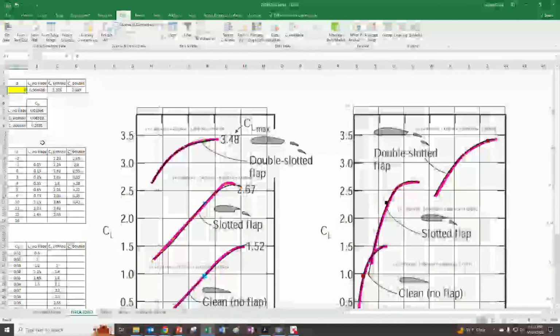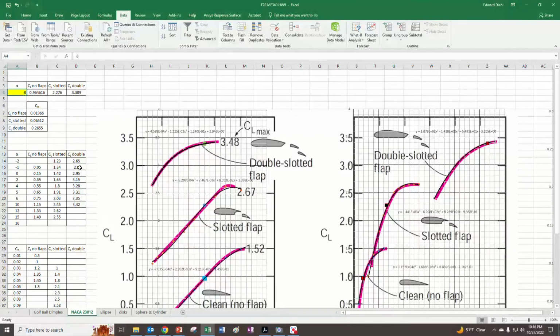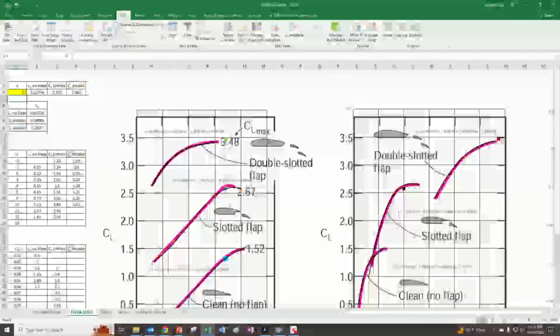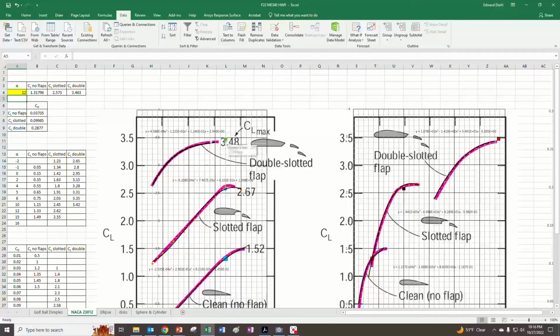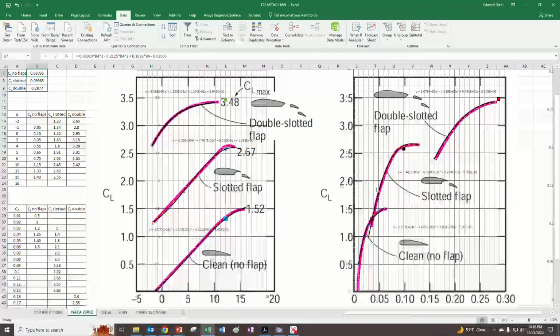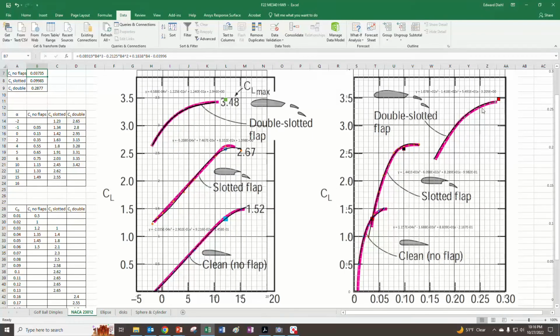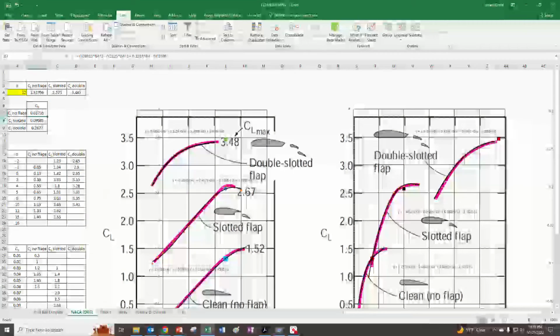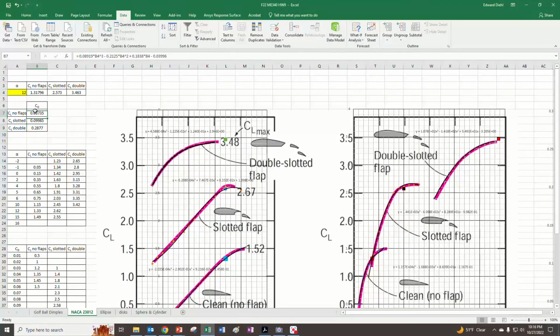So if I were to go for 12 right there, that spot shows you where the lift coefficient is, and then you can use that lift coefficient over here to figure out what the corresponding drag coefficient is. But I found equations for them so that I can just get that answer right there.